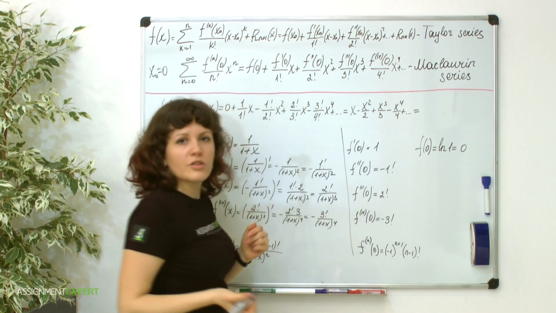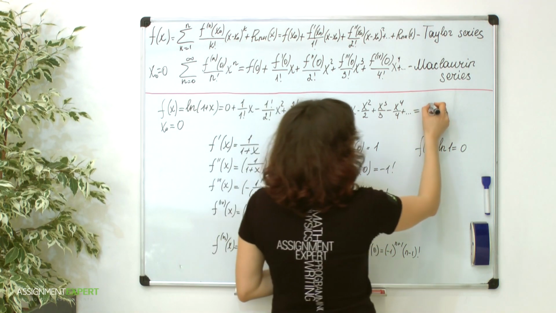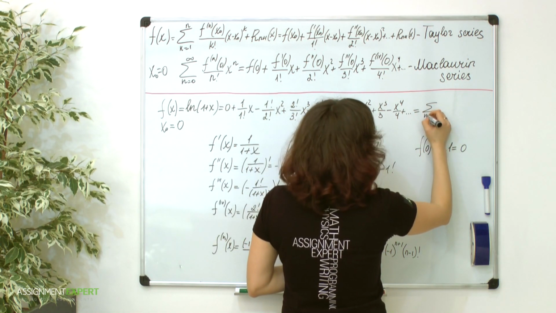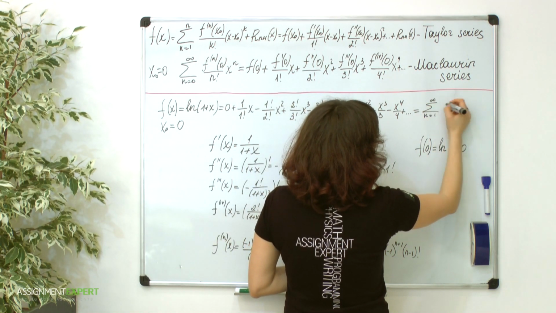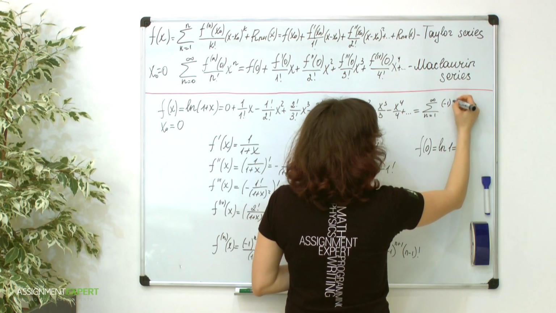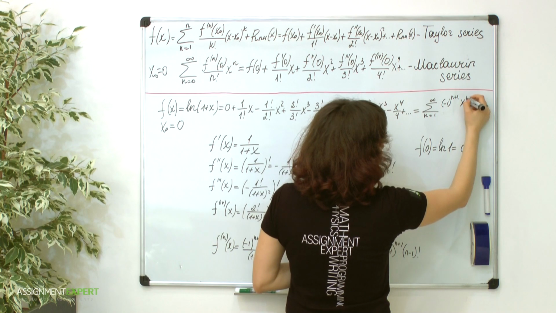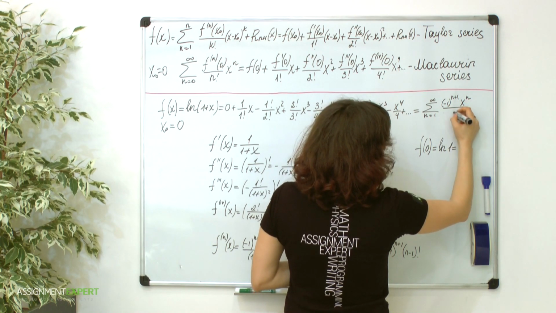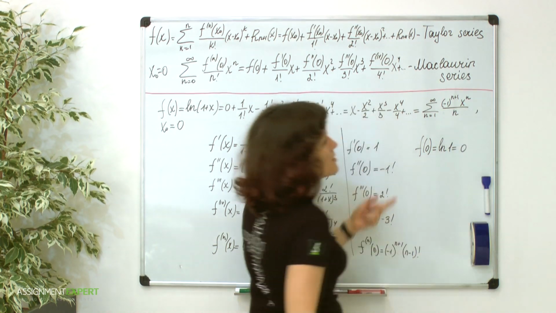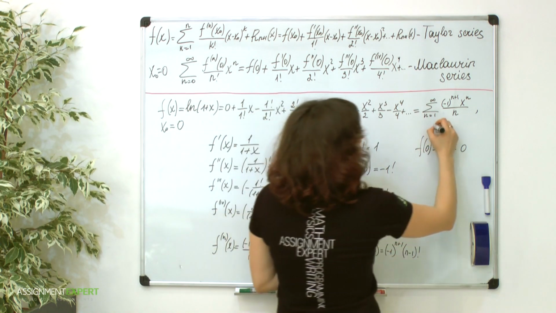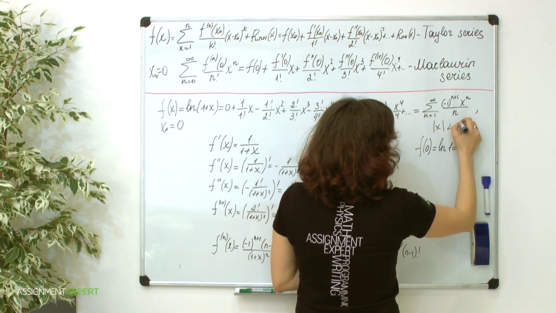Or in sigma notation, that is equal to the sum from n equals 1 to infinity of minus 1 raised to the power n plus 1 times x raised to the nth power over n. And it holds for modulus of x less than 1.